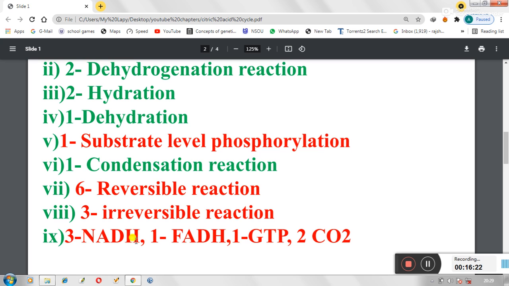So for a single cycle this occurs, and for one glucose the values will be double, because the cycle runs 2 times. So it will be 6 NADH, 2 FADH2, 2 GTP and 4 carbon dioxide released.